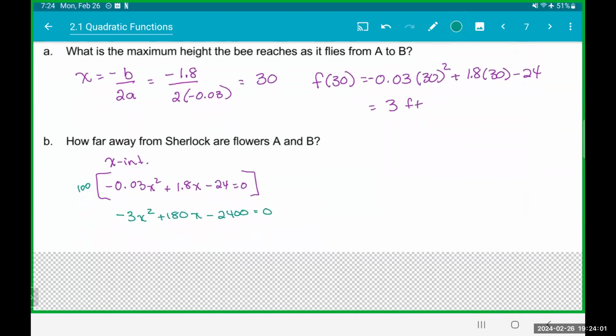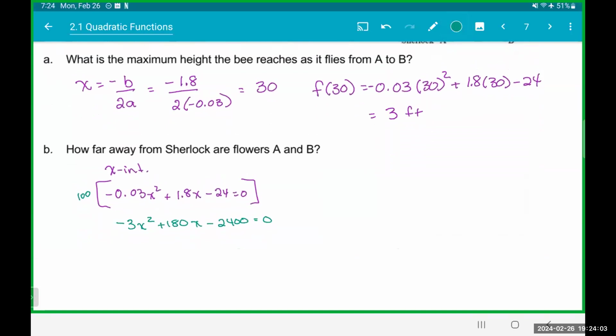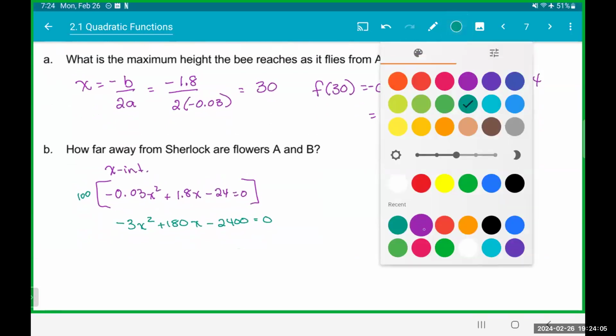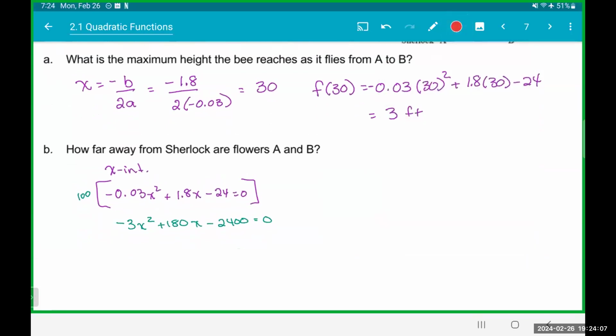Now, if I divide all of this by 3, I can simplify my equation a little more, and I get x squared minus 60x plus 800 equals 0.